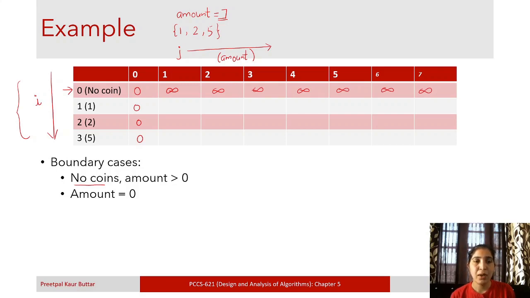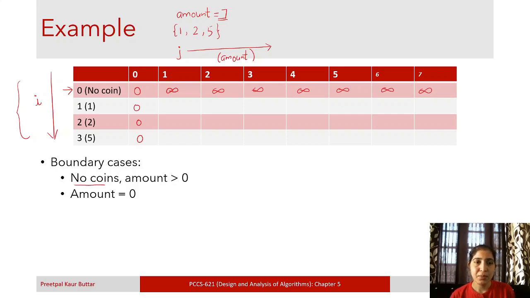If you have a 1 rupee coin, you do not need it because the amount you want to make is 0. Similarly, if you have 2 rupee coin but you do not want to make any amount, so the coins required will be 0, right? So these are the boundary cases, right? So we have solved these cases.